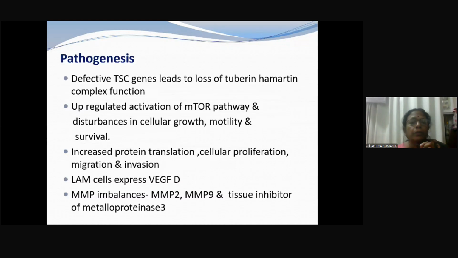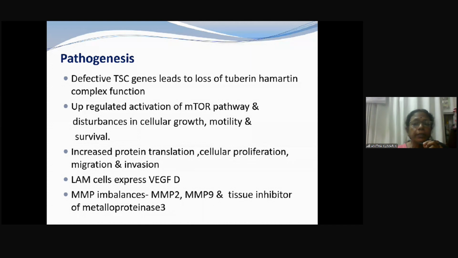The basic pathogenesis is that these TSC genes encode for two proteins, namely tuberin and hamartin. These two together form a heterodimeric protein complex, the tuberin-hamartin complex, which is responsible for cell growth and survival. Because there is a defect in the genes, there is loss of the tuberin-hamartin complex.